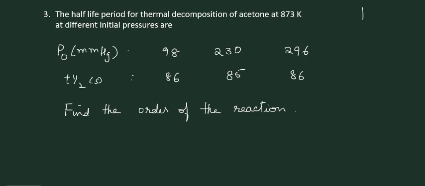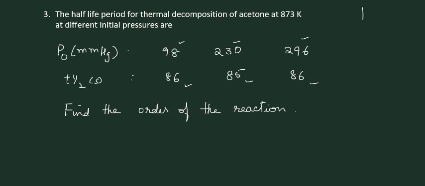The half-life period for thermal decomposition of acetone at 873 Kelvin at different initial pressures are given in the table. So initial pressure is varied from 98 to 230 to 296 and the T half values are given as 86, 85 and 86.